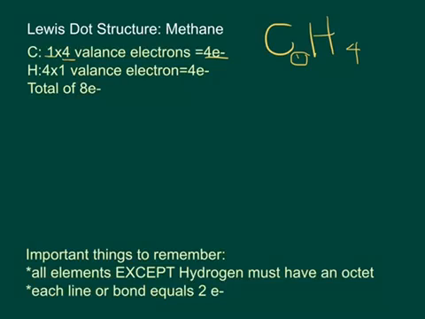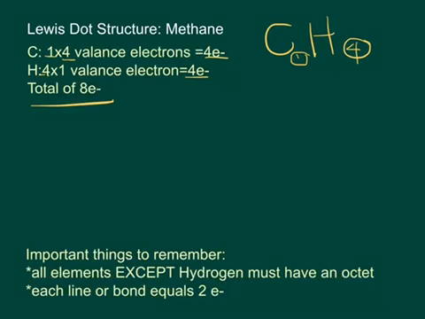And then hydrogen. Hydrogen's a little bit different. So hydrogen shows up 4 times, right? And then we multiply that by 1 because hydrogen has only 1 valence electron, and that gives us a total of 4 electrons. And when you add those together, we get a total of 8 electrons. So we know that in our drawing here, we should automatically have 8 electrons.